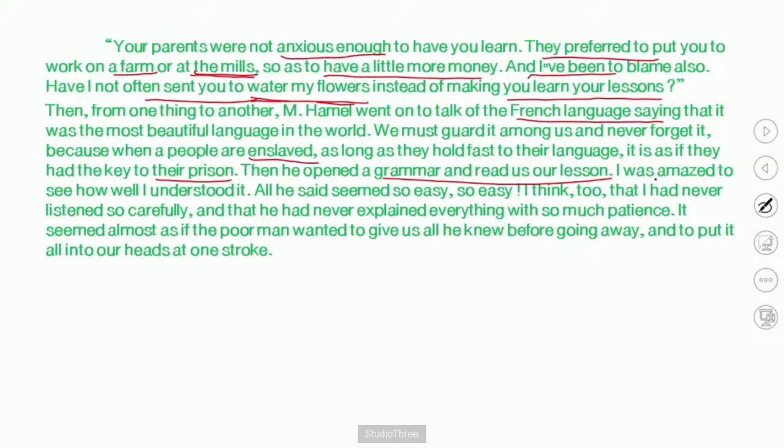I was amazed to see how well I understood it. All he said seemed so easy. I think too that I had never listened so carefully. Means he noticed today that before this day, he never listened to any lesson carefully.